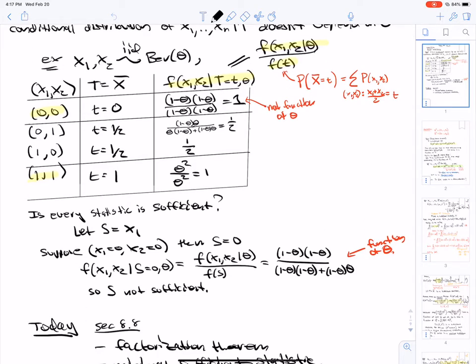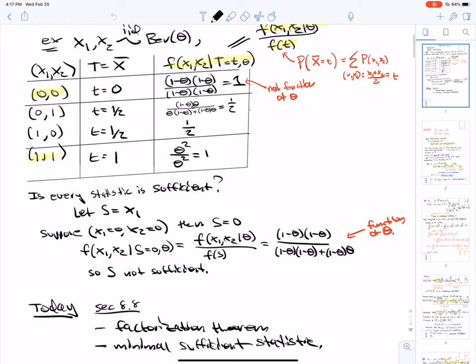So is every statistic sufficient? No. For example, if you look at just the statistic that's x1, then we see that if x1 is 0 and x2 is 0, so then s is 0, then the conditional density numerator would be 1 minus theta, but in the denominator, to have s be 0, x2 could be anything.